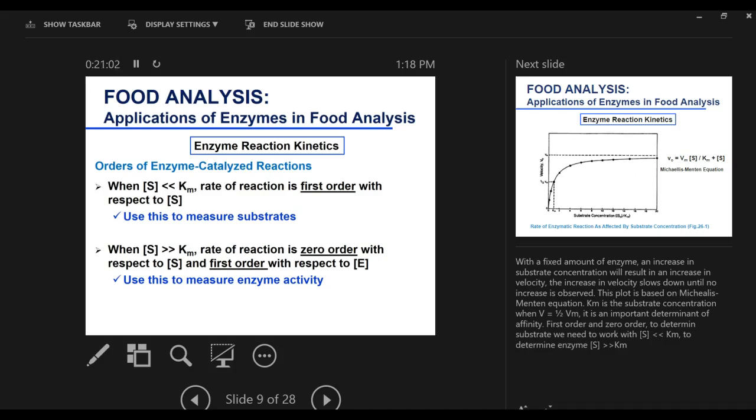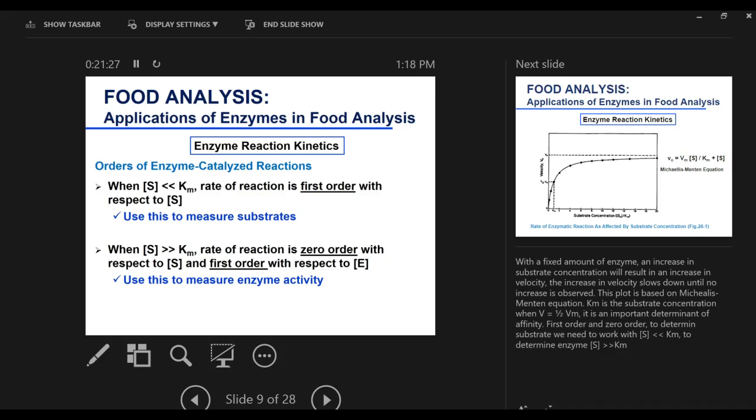That means I want my rate of the reaction to be affected by the substrate concentration. That means to be first order with respect to the substrate. Okay? That means any change in the substrate will result in a change in the rate of the reaction so that I can measure that.